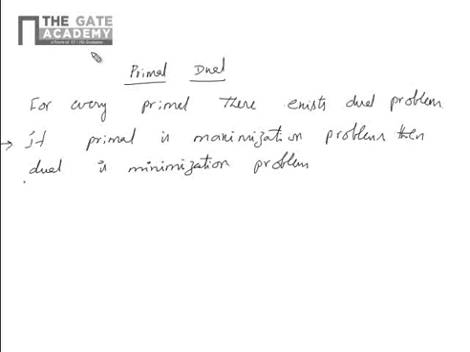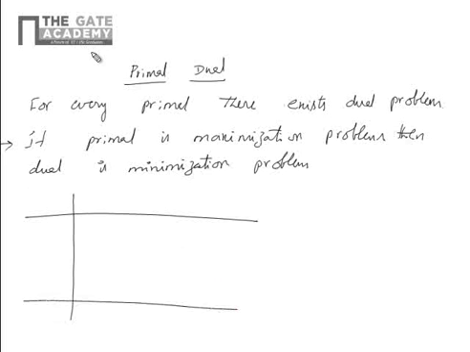We will do one problem, then we can understand. So the primal and dual relation in the solution: this is dual and this is primal. If the optimal solution exists for the primal, then the dual also has an optimal solution.